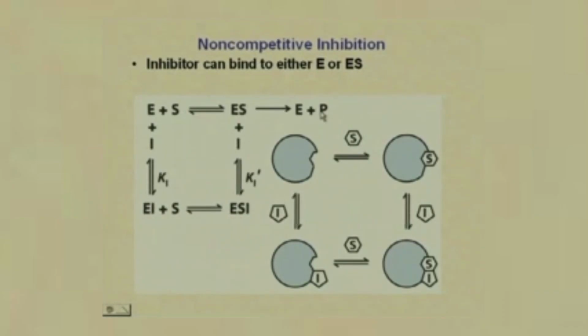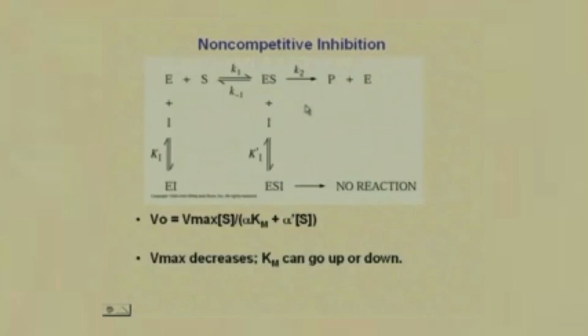Okay? So the feature of non-competitive inhibition is that the inhibitor can bind to either the enzyme or the enzyme substrate complex. And it is only the enzyme substrate complex that eventually will form the product. So we have EI, and this ESI is also not going to give any reaction. It is only the ES that is capable of giving us the reaction.